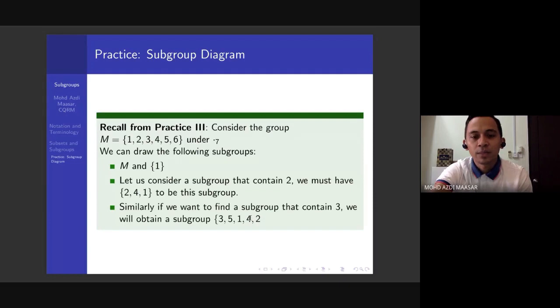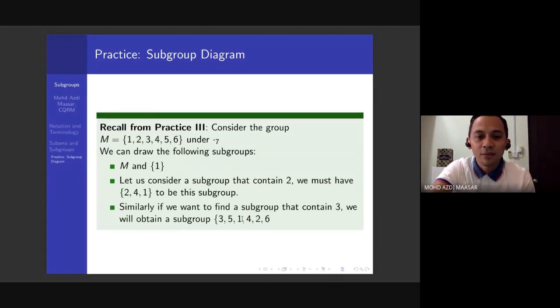For example, 2 multiplied by 4 must also be there, and 4 multiplied by 5 must also be there. 5 multiplied by 4 is 20, and 20 modulo 7 is 6. So 6 needs to be there as well.